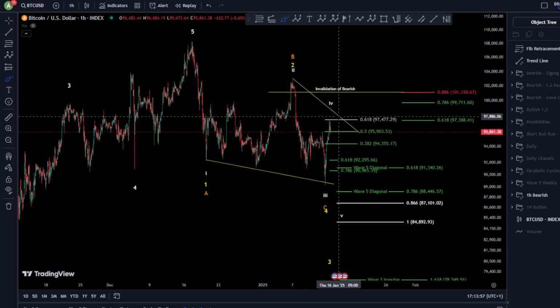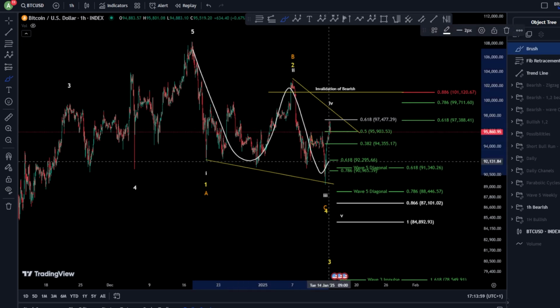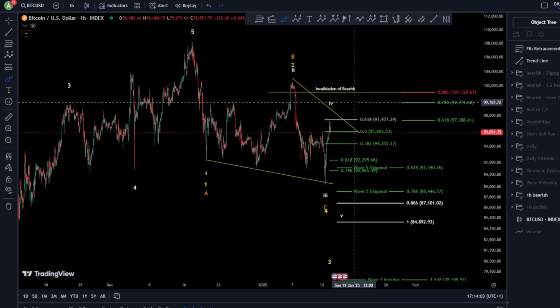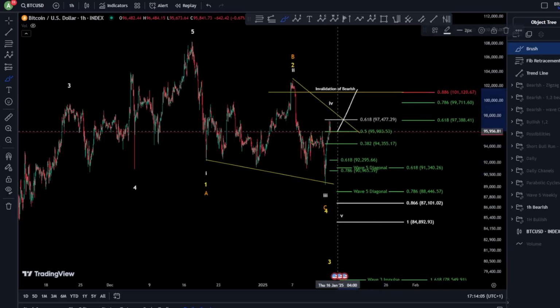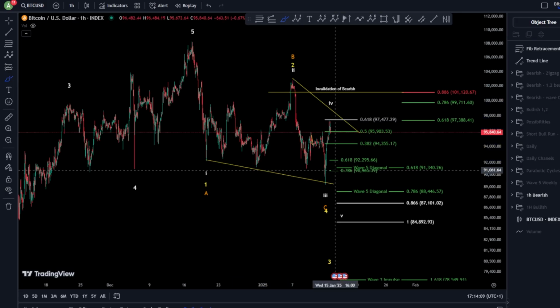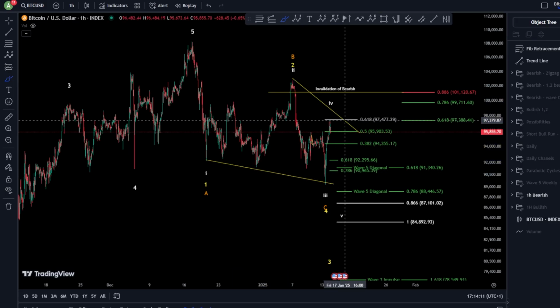It can also invalidate your contracting diagonal, because in case this is a wave 4, at this level this wave is going to become longer than your wave 2, which is not allowed in Elliott wave.